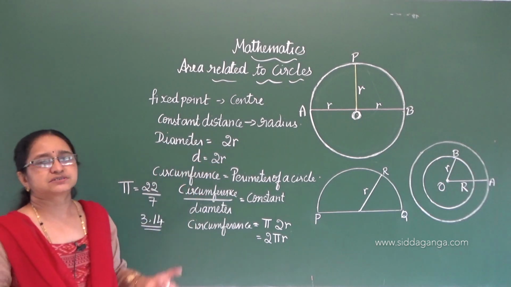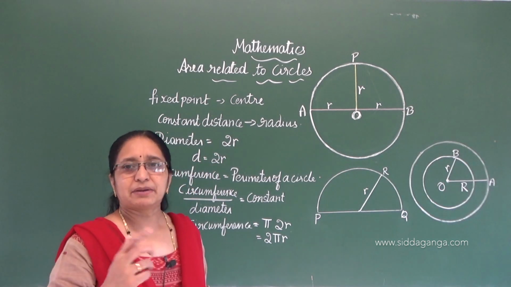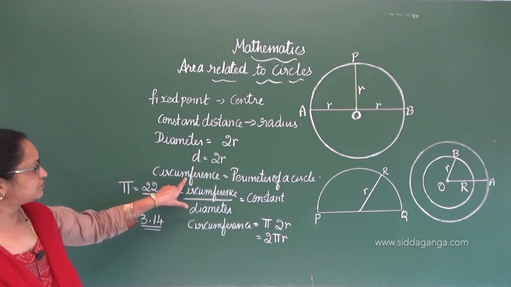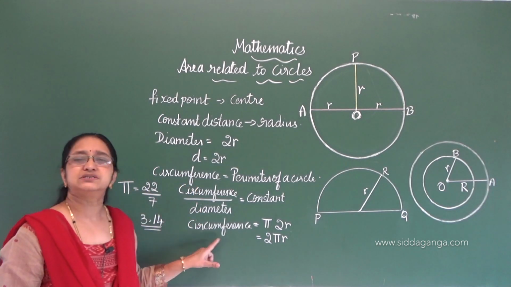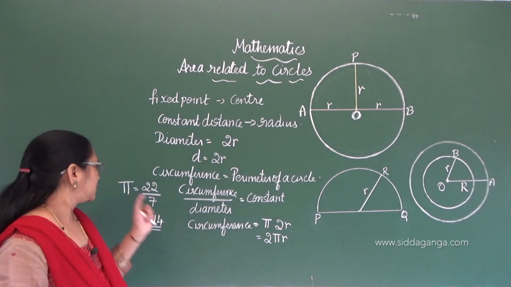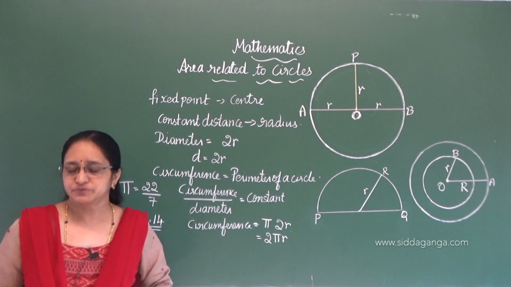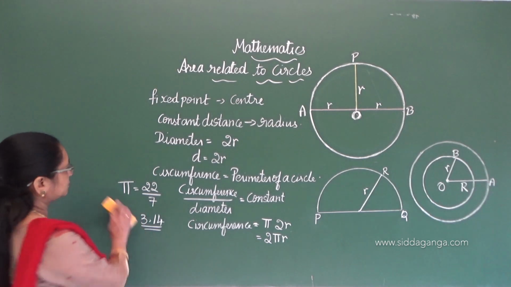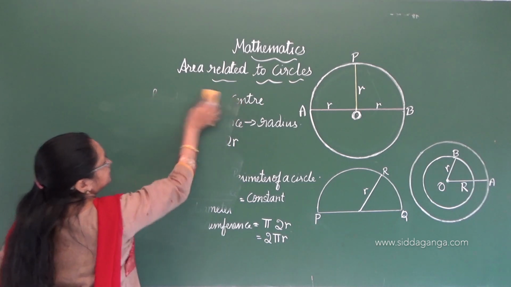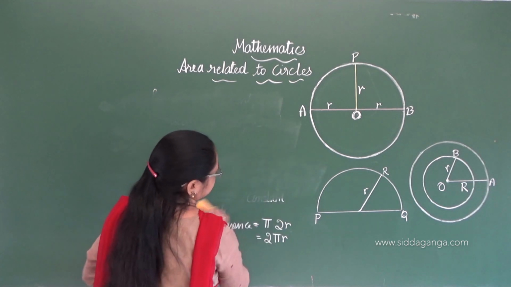Then the circumference is nothing but the perimeter of the circle, and the formula to find the circumference is 2 pi r, and the pi value all know, that is 22 by 7. Now let us see what is the area of a circle.